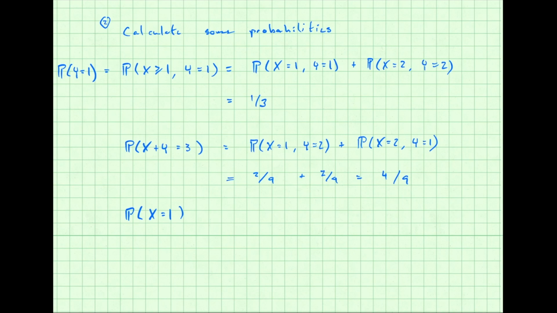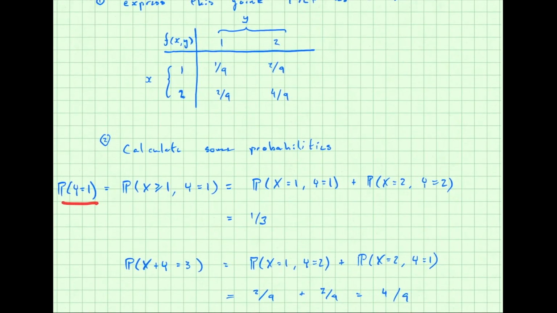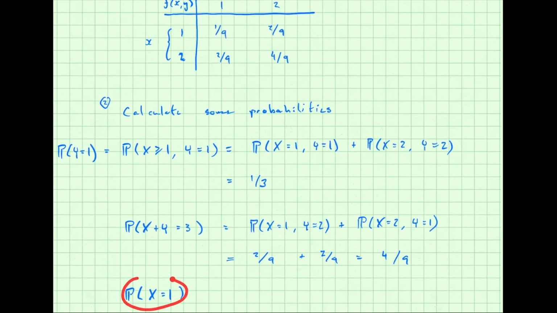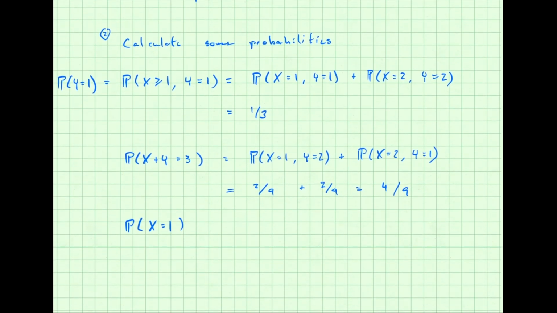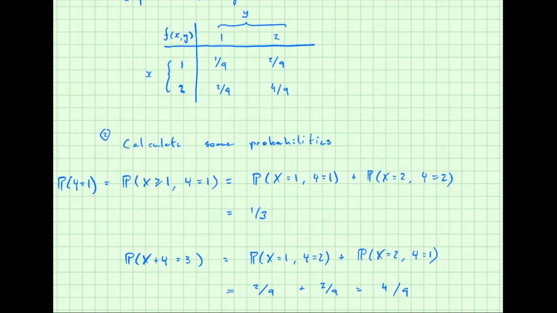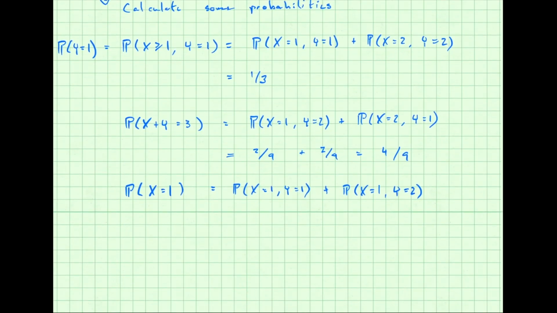Just like the probability that y is equal to 1 was a sum down this column, the probability that x is equal to 1 is going to be a sum along these rows. So this is equal to the probability that x is equal to 1 and y is equal to 1 plus the probability that x is equal to 1 and y is equal to 2. We can look up there and add those: 1/9 plus 2/9, so again that's 3/9, which is a third.